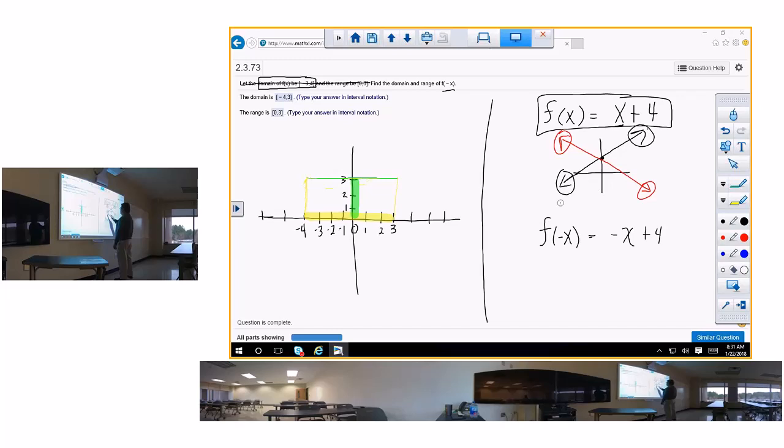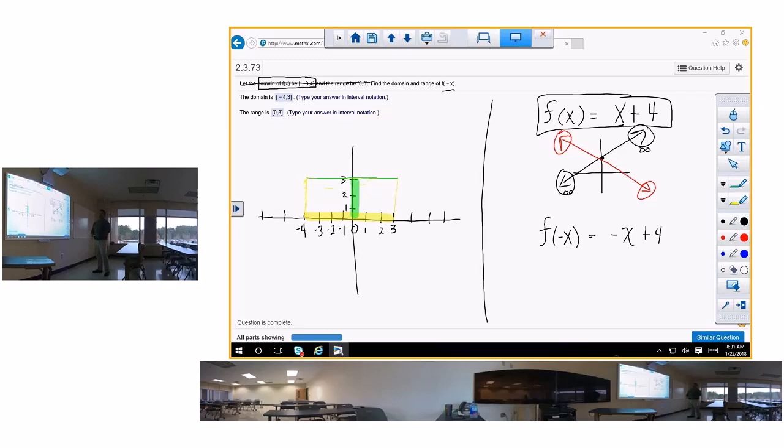The domain is negative infinity to positive infinity because it's got arrows and it keeps on going. Then what's the domain of this function? The same. The domain of that function will be the same.